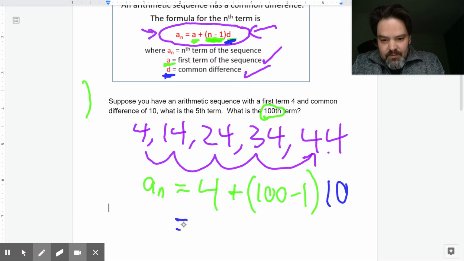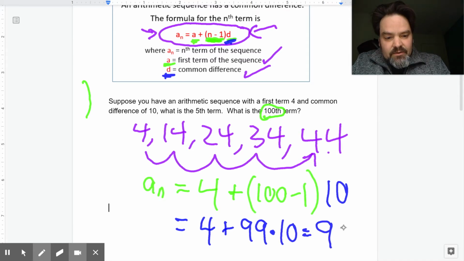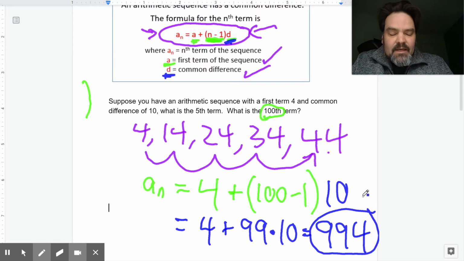So now we can evaluate this. It's actually pretty simple. 4 plus 99 times 10. 99 times 10 is 990. So the overall answer for the 100th term is 994. So if I use this formula, it's actually easy to find, even if it's a pretty far off term that I'm looking for.